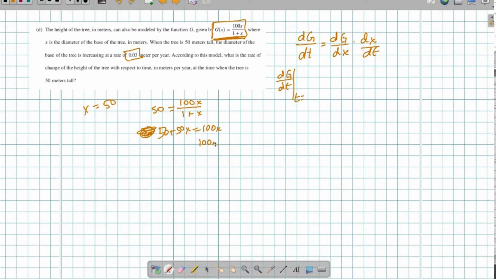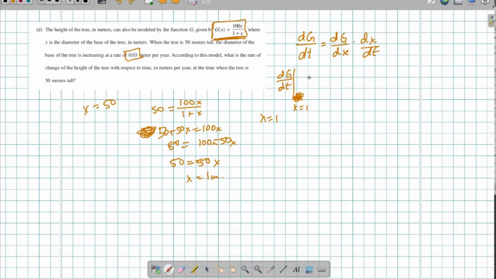So 100x minus 50x equals 50. And so 50 equals 50x. And so x equals 1 meter. Well, goodness, that makes things really nice. So I want to know what's happening when x equals 1, basically. So I'm evaluating dg dt when x equals 1.